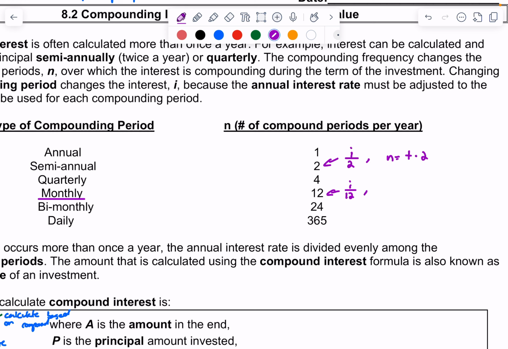Then you also adjust the N value, the exponent you're putting on your formula, by taking the years they're telling you and multiplying that by 12. You would do that for each one of these. You don't have to adjust for 1, because I divided by 1 is still I, and T times 1 is still T.